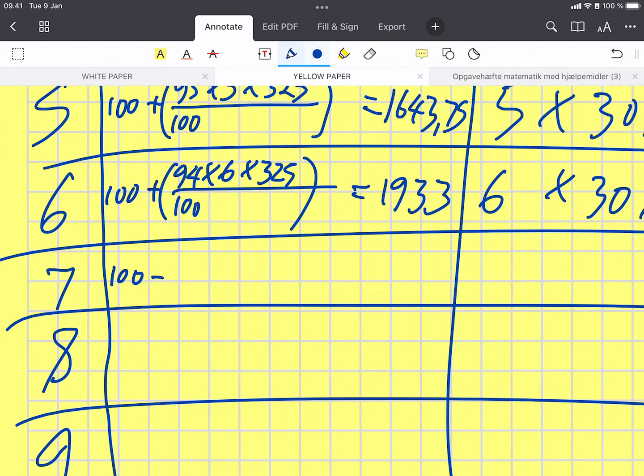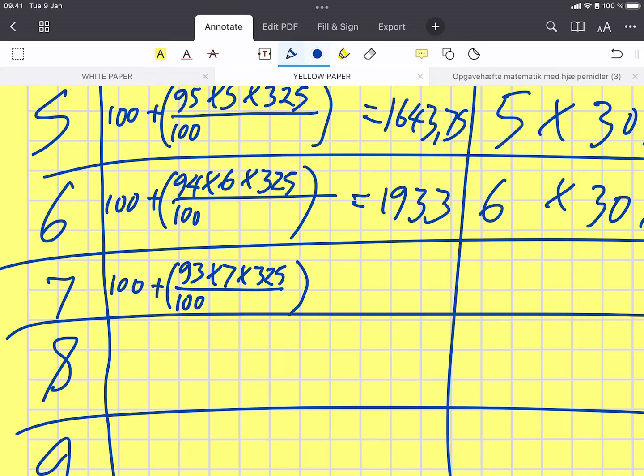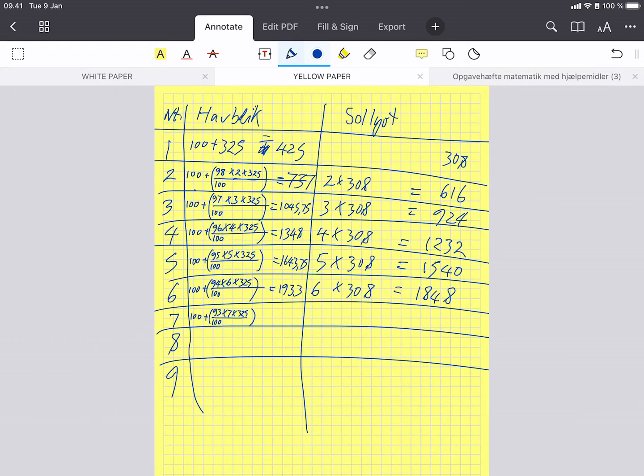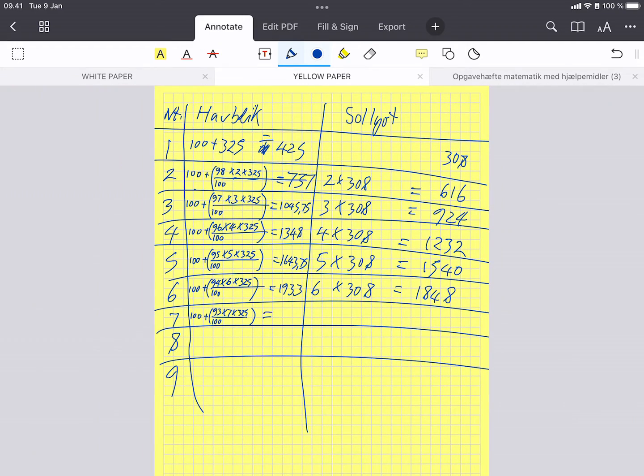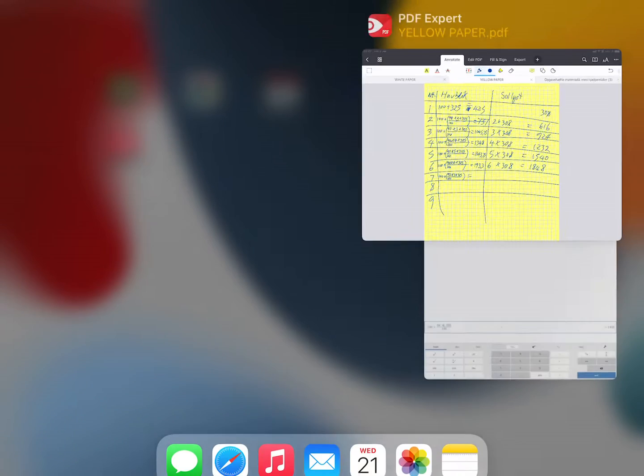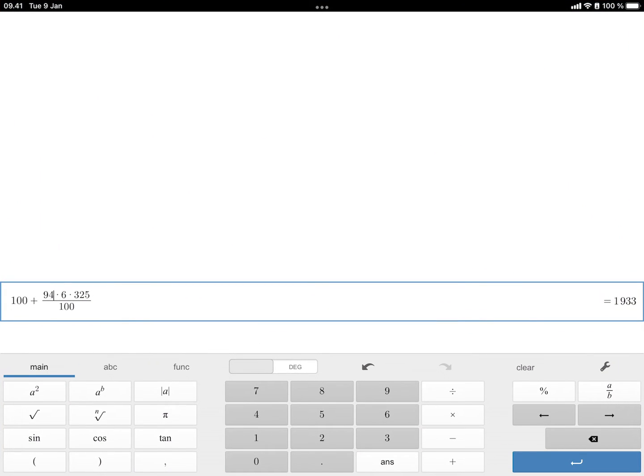7 nights is going to cost the 100 for the card. It's going to cost 93% because of the 7% discount, times 7 nights times 325, which is going to cost, let's just get over to the calculator and check that. So I'm going to change the 94 for a 93.